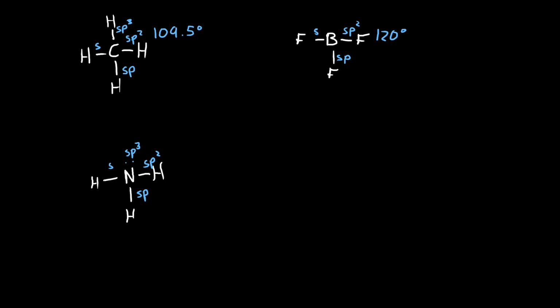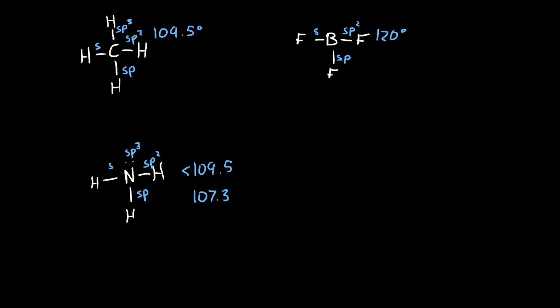So it would be sp3, and the bond angle would be less than 109.5, and it's less than 109.5 because of the lone pair. The lone pair creates electron repulsion, causing the bond angles to be smaller. This is more closely related to the bond angle of 107.3, and different textbooks give different numbers for the bond angle, but it's an approximation, so 107.3 is pretty close.